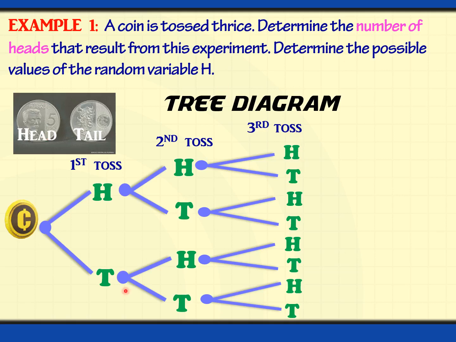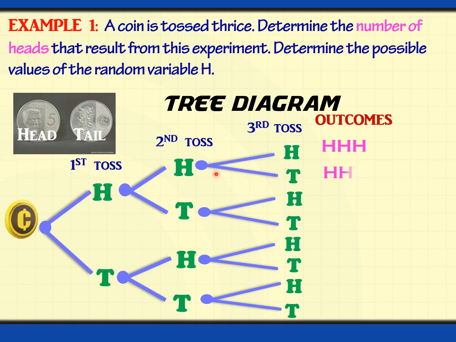Now, to get the outcome, we will just list them down. So, on the first toss, you have a head, or a head again on the second toss, or a head again on the third toss. So, that will be your first outcome. Now, on the other hand, if we have a head on the first toss, a head on the second toss, we can either have a tail on the third toss.